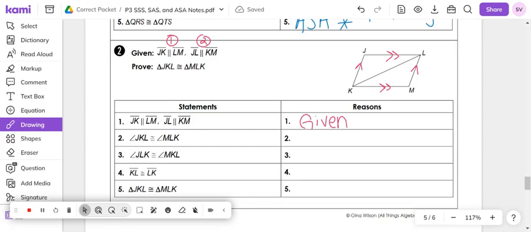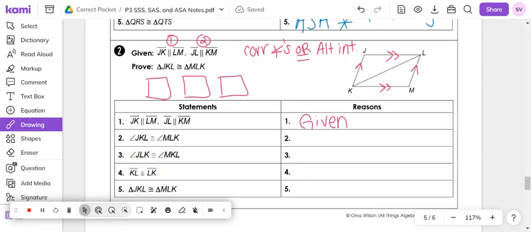Okay. When we're working with parallel lines, we're going to have one of two things. We're either going to have corresponding angles or alternate interior angles. Okay. So we have to figure out which ones we have. Corresponding angles is if they are just in the same placement, one on each parallel line. Alternate interior angles is if they're between the parallel lines and they're on opposite sides of the transversal.